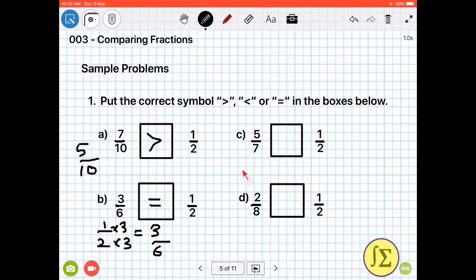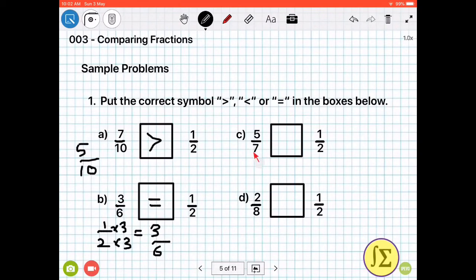Okay, let's look at C, right? It has a denominator which is an odd number, 7, right? So the halfway mark for 7 would be 3.5, right? So any numerator that's larger than 3.5, that means that fraction will have a value more than half, right?